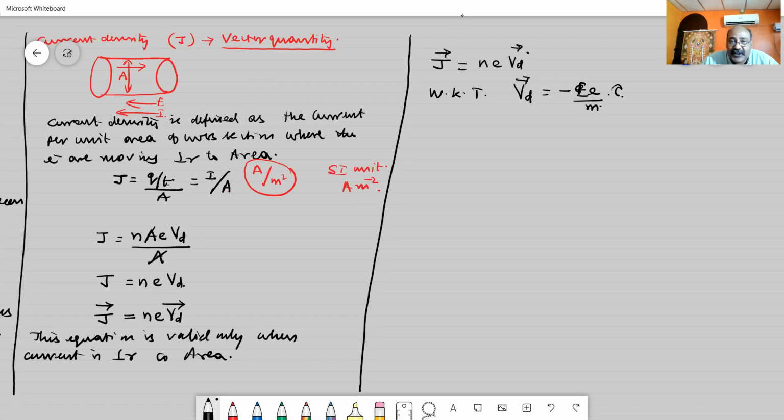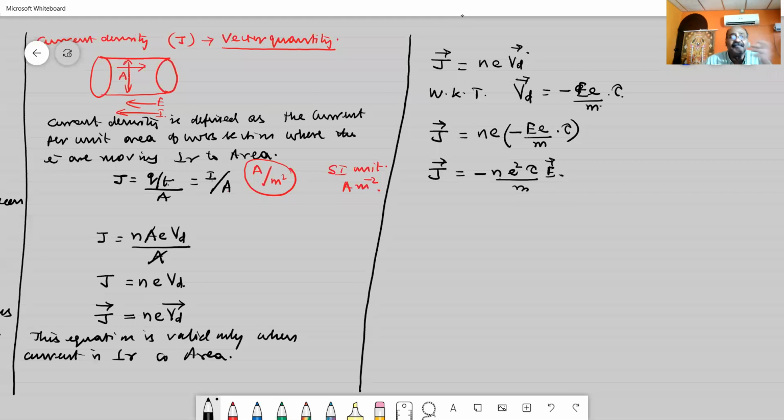Take this value and substitute in the above equation. J vector is equal to n into e into minus of E into e divided by m into tau. On multiplying, J vector is equal to minus of n e square tau divided by m into capital E vector.